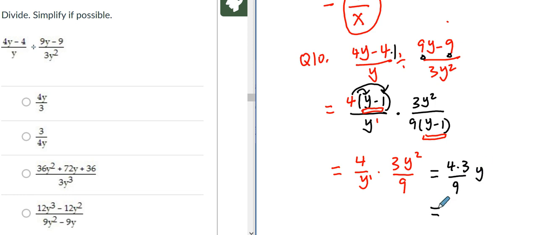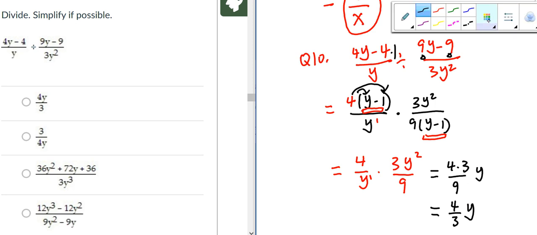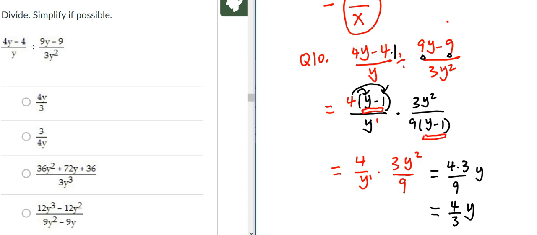And then we do 3, 9, so we have a 4 over 3 times 1, because we know 9 is 3 times 3. So 4 over 3 times y, the first one, will be our answer. Okay? All right. I'll see you next time.